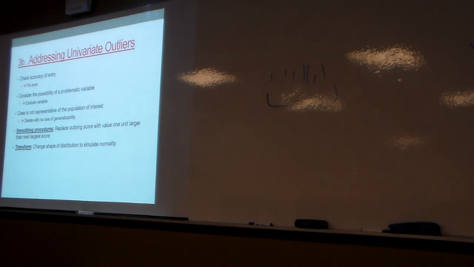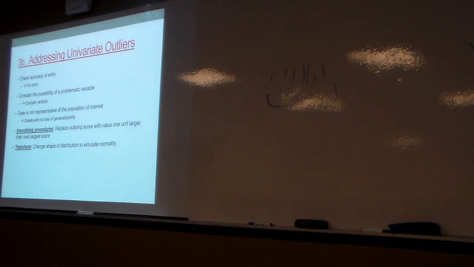What we can think about is a smoothing procedure. We're going to take that person's value and set it to 1 unit larger than the next highest score. So if I've got a substance use scale, let's say I've got a value of 15 and 20, but my next highest value is an 8.